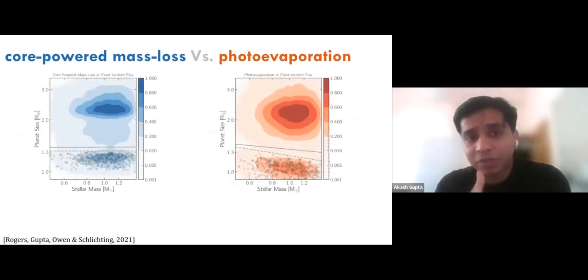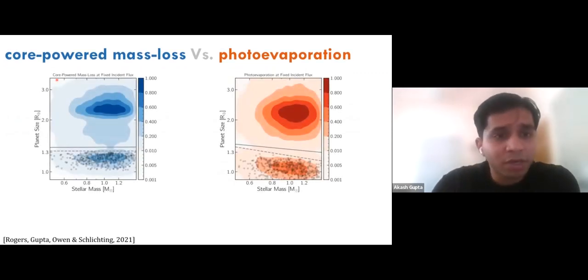And this is exactly what you're seeing in these plots, where we have plotted how in the planet size stellar mass space, at a fixed incident flux, the planet demographics would look. And so as you can see, for the core-powered mass loss case, we expect a flat slope, indicating no dependence. Whereas in the photoevaporation case, we see a negative slope.